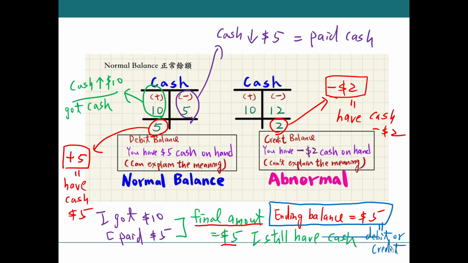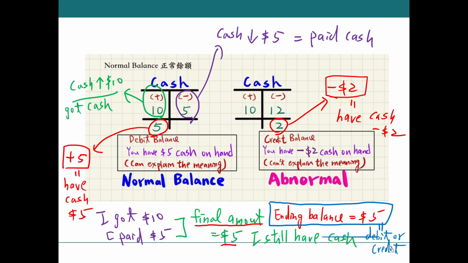Impossible. Okay? So cash on debit side, we can expand the meaning. So ending balance on debit side increase means what? I have cash $5. But when you have cash negative $2, could you explain it? What does that mean? Impossible. So these two, which one is weird, is abnormal?